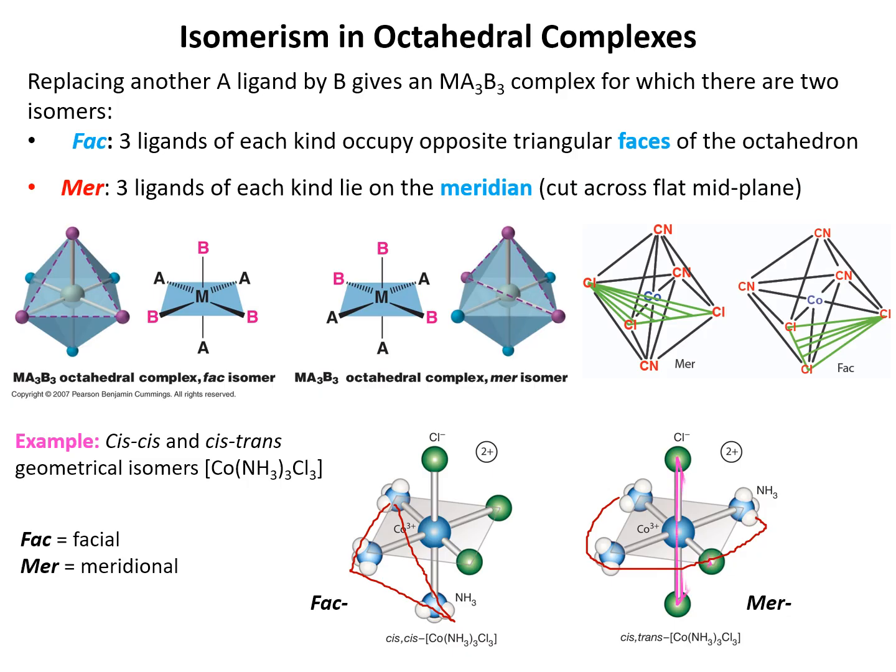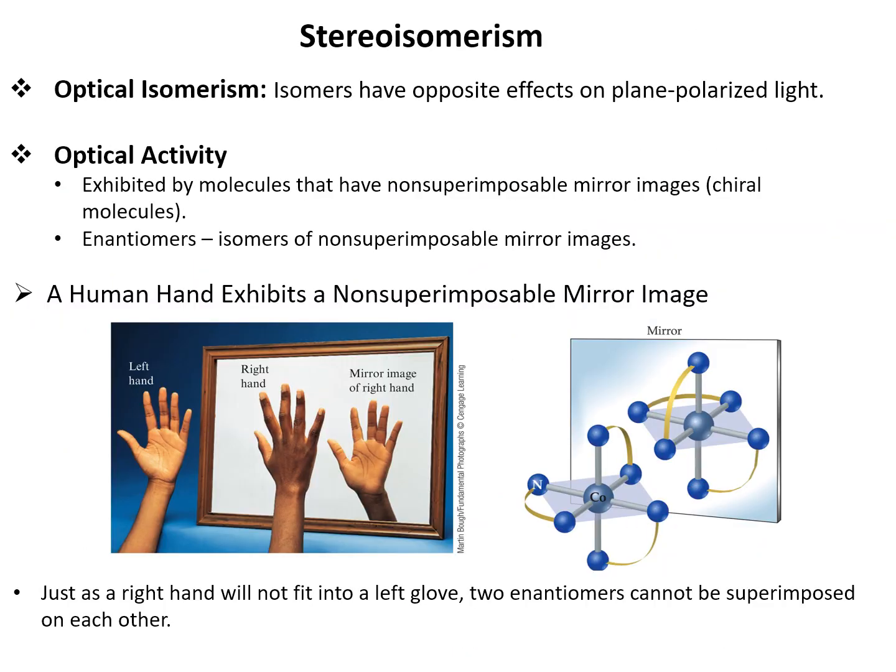Let's now go to the next one, optical isomerism. We are supposed to know first the chirality in complexes, the enantiomers, the racemic mixture, all of this.